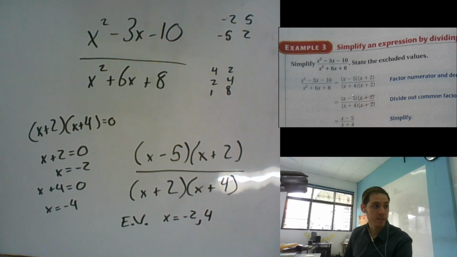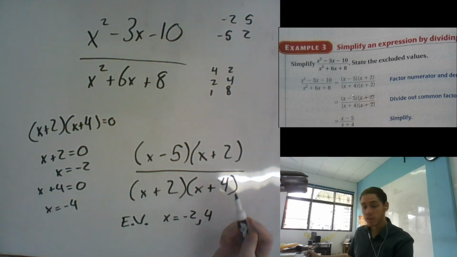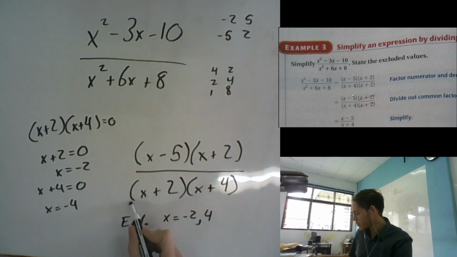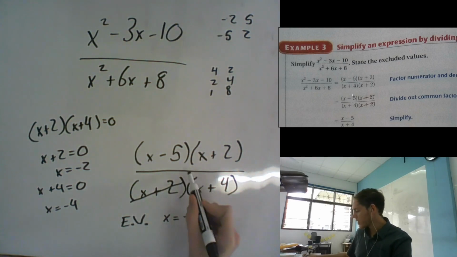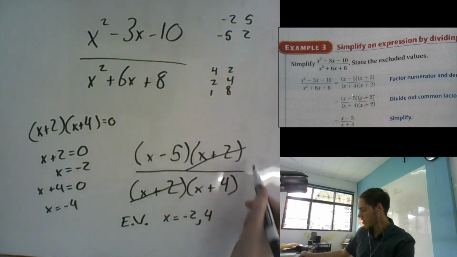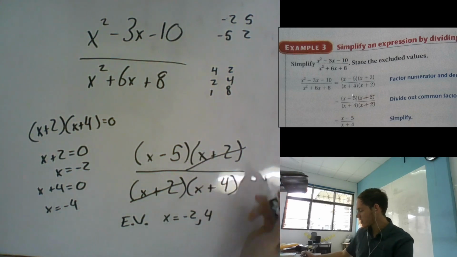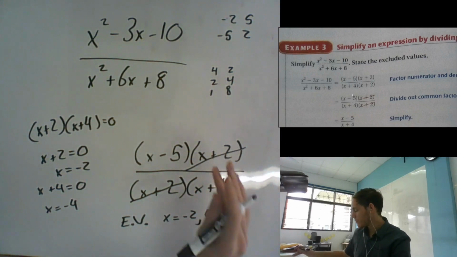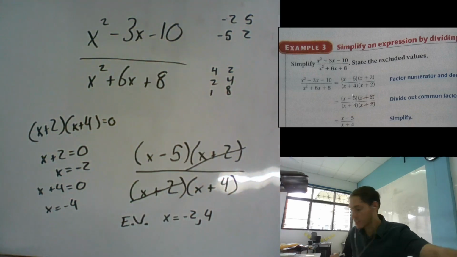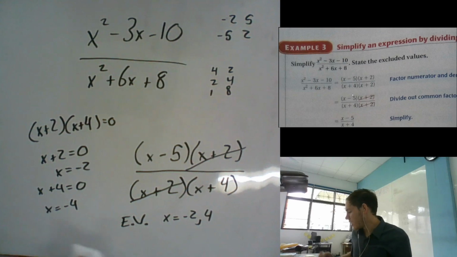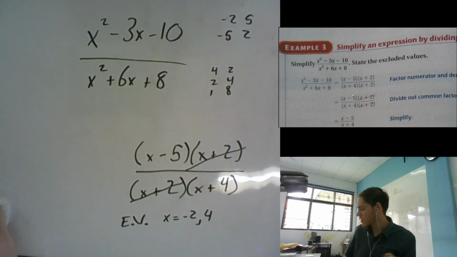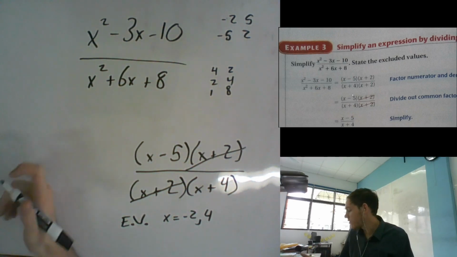Now we can simplify. We have x plus 2 on the top and x plus 2 on the bottom. This is multiplication right here, so we can cancel these. Let's erase this, since you can do this stuff to find excluded values.